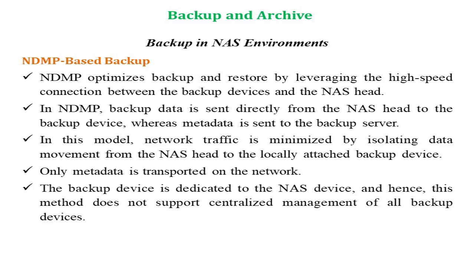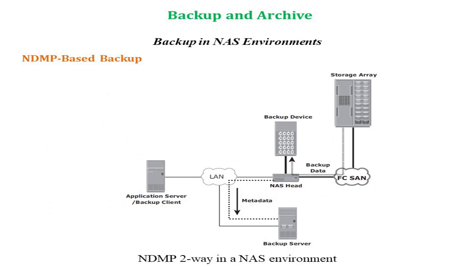Only metadata is transported on the network. The backup device is dedicated to the NAS device, and hence this method does not support centralized management of all backup devices. We have a diagrammatic representation of NDMP 2-way in a NAS environment.